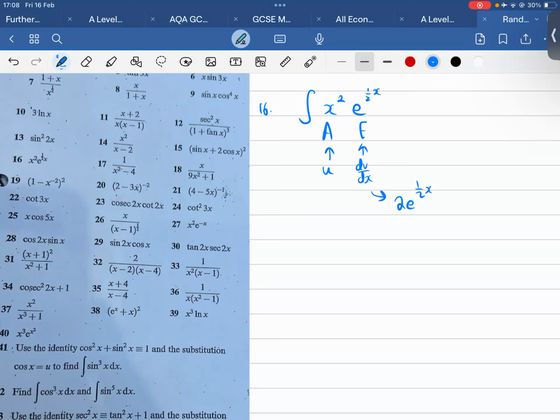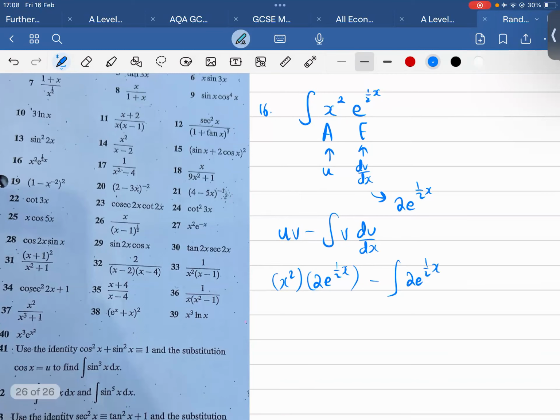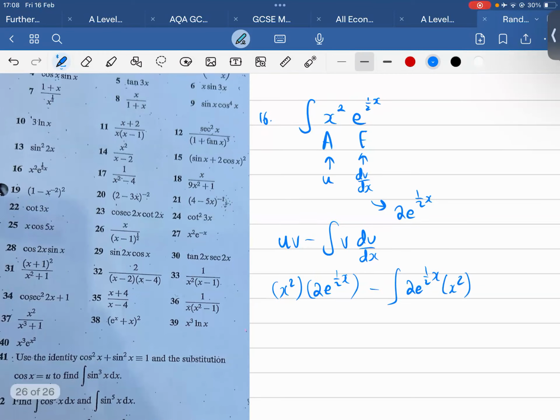So we get uv minus integral of v du by dx, which is x squared times 2e to the half x minus the integral of v, 2e to the half x times u, which is x squared.